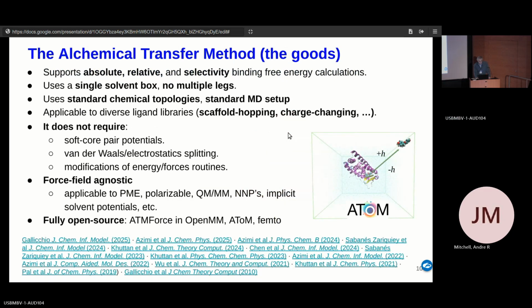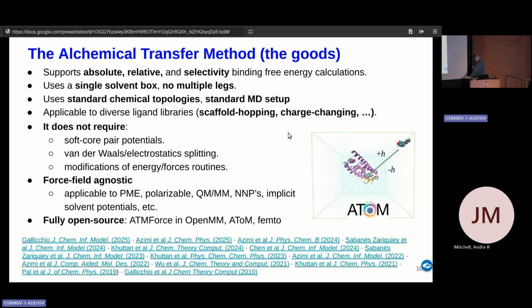All right. So the advantage is that this coordinate transformation can be encapsulated and used to implement absolute binding, when we move the ligand into the receptor binding site, and relative binding, when we have two ligands, one bound to the receptor and the other in solution, and they switch places. That's also a coordinate transformation.